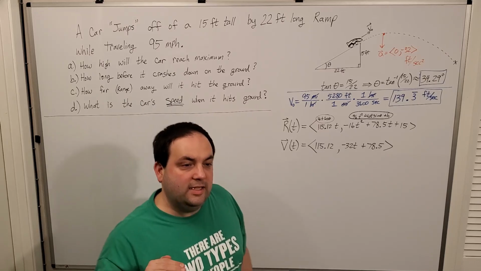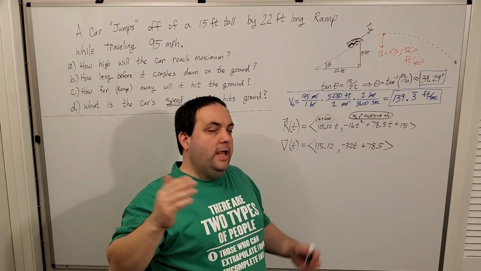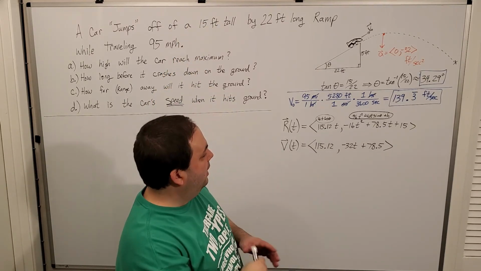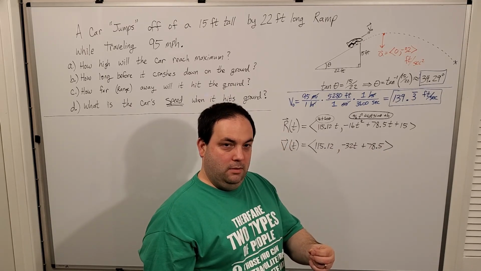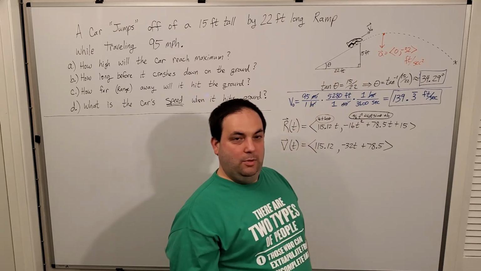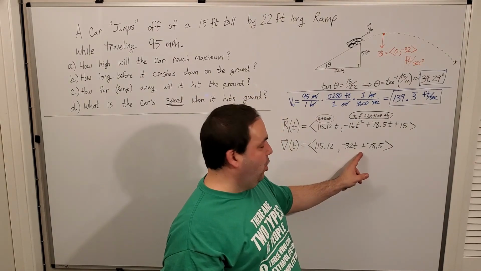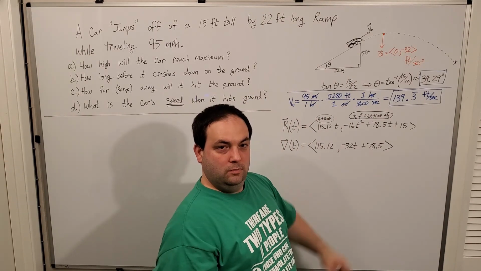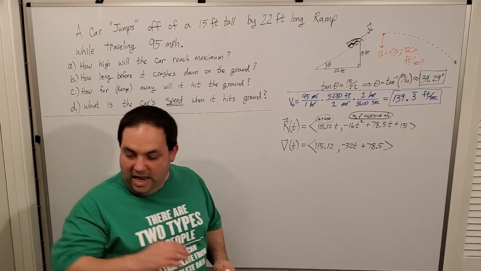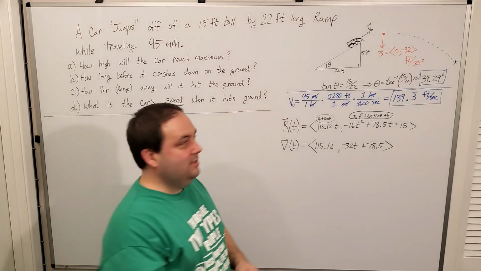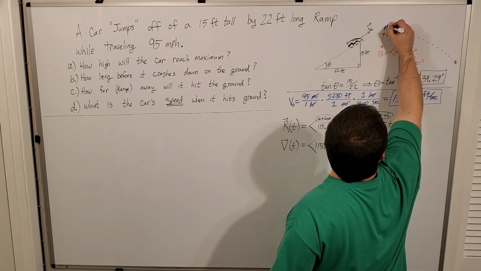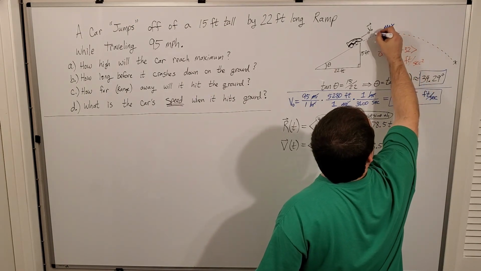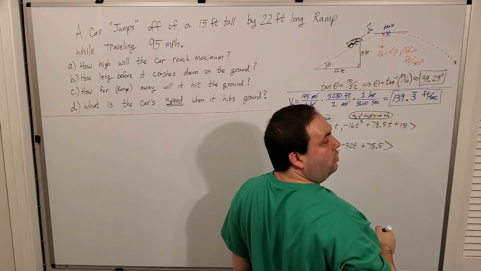So that's not what we're talking about. It's going to go up, then it's going to come down. It's all y direction. So right here, I'll find the time when this thing is at a maximum by setting this component equal to 0. Think about it another way. If I have a horizontal tangent vector, if this is the max point right here, then the tangent line is horizontal.